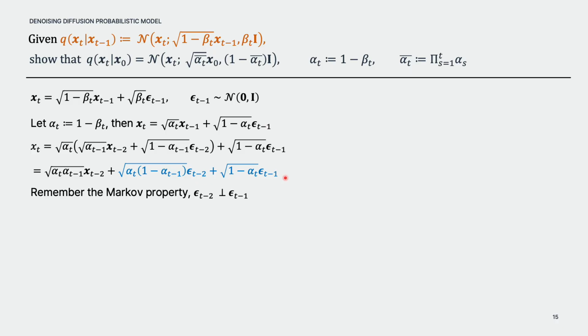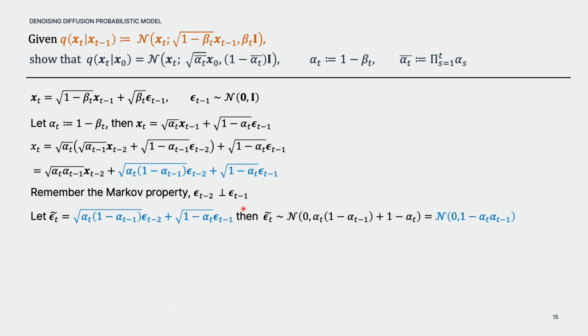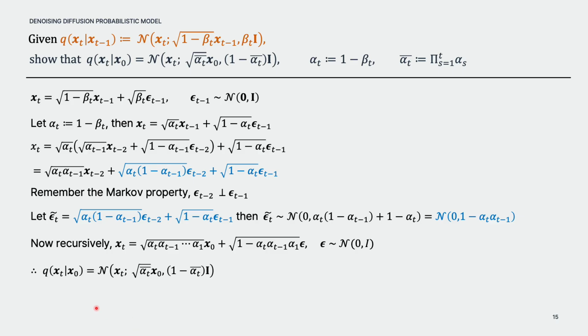This is due to the Markov property of latent variables in DDPM. So we can simply set this weighted sum of epsilon t minus 2 and epsilon t minus 1 to be tilde epsilon t. And this tilde epsilon t is a Gaussian noise with mean 0 and variance 1 minus alpha t minus 1. And now we can do this recursively and get the following result.